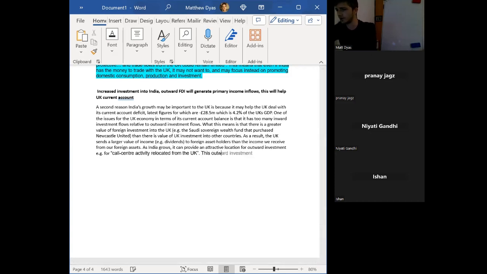This outward investment can generate long-term primary income flows that will help reduce the UK's current account deficit, where the primary income balance is currently 10.3 million in deficit.